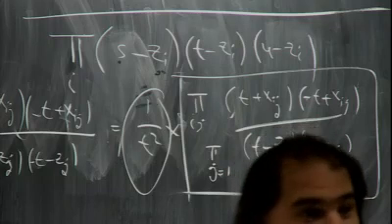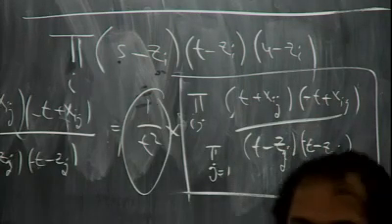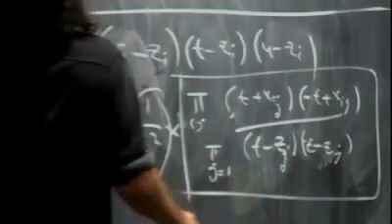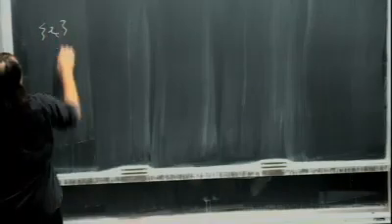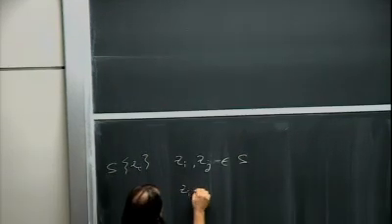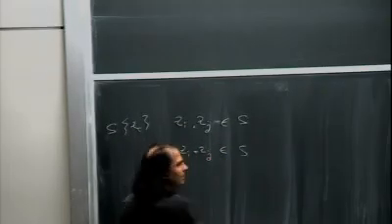So the set of all the allowed zi's have got to be some numbers such that if zi and zj are in this set, zi plus zj is in the set.